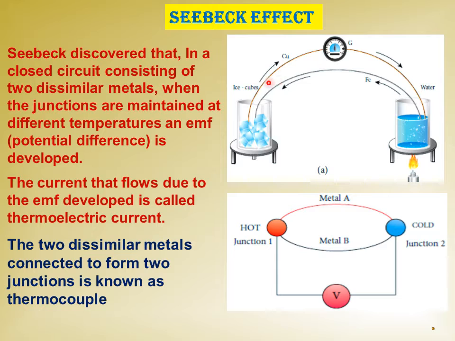Here you can see in copper the direction of current is from left to right, and in iron it is from right to left. But if we change the junctions, hot on the right-hand side and cold here, then the direction of current also reverses. Hence the effect is reversible.